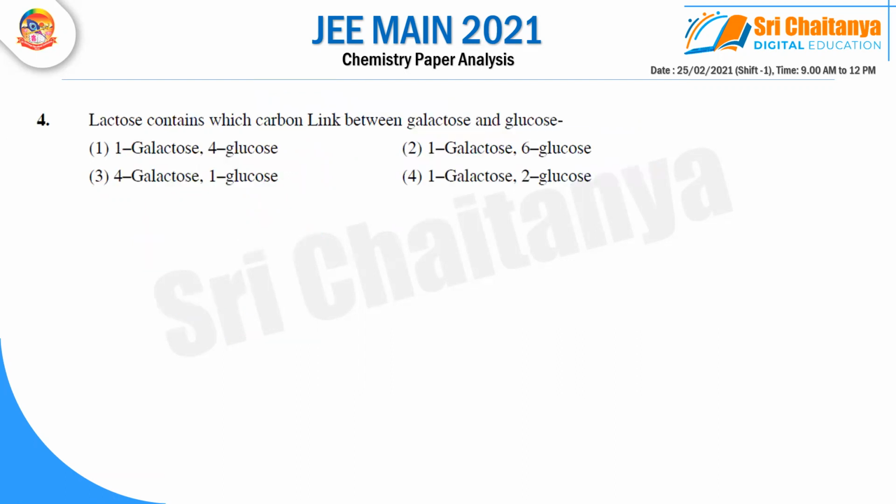Next, we have a question from biomolecules. They are asking about lactose and which is the linkage. Lactose is a polymer where two units, one of galactose and the other of glucose, are connected. So let us look into the structure.